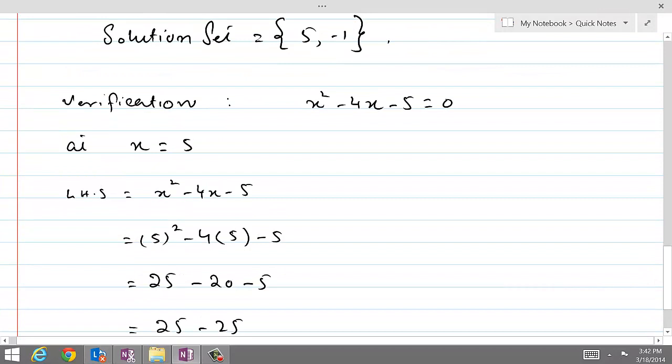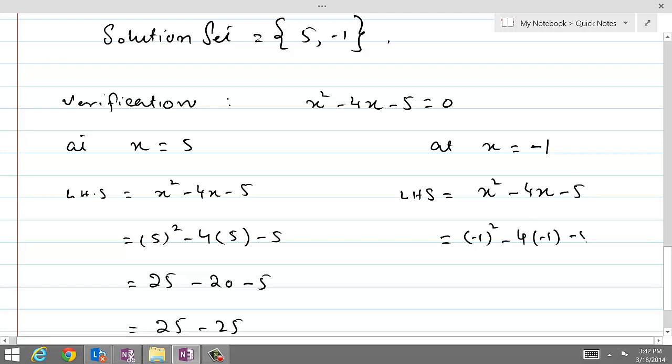Now at x equal to minus 1, if we do the same thing again, the left hand side is equal to x squared minus 4x minus 5, and this will be equal to minus 1 squared minus 4 times minus 1 minus 5.